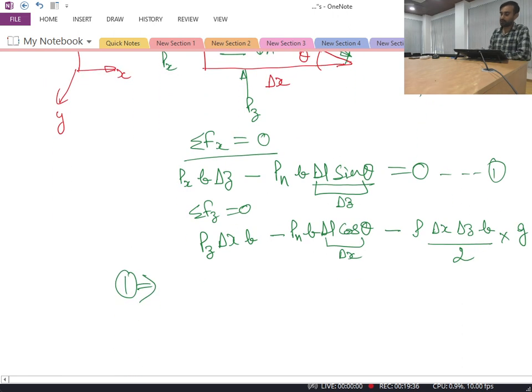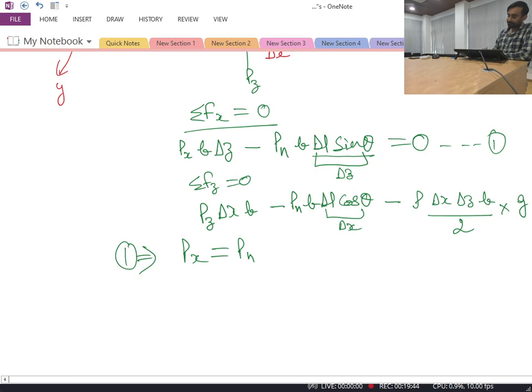If I substitute this with delta z in equation 1, I will find that Px equal to Pn. And from equation number 2, I will find that Pz minus Pn minus 1 by 2 rho g delta z is equal to 0, because I am dividing by delta x and b.